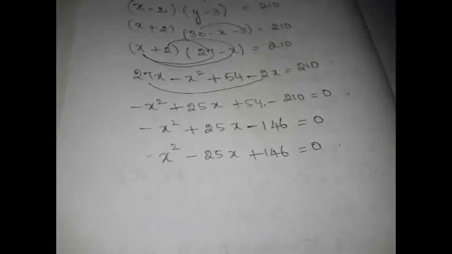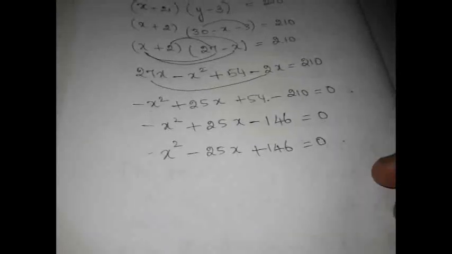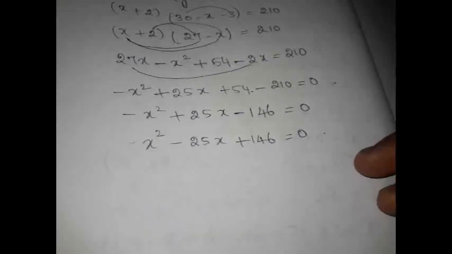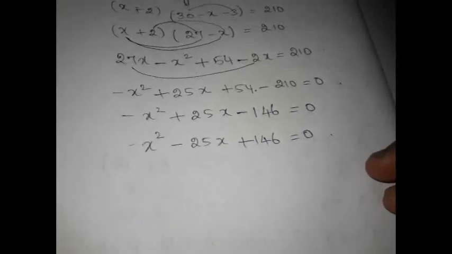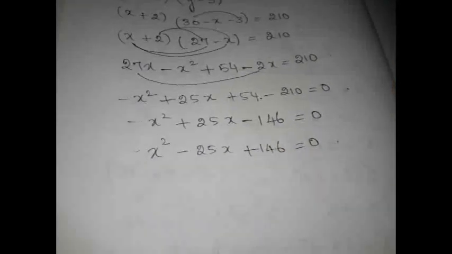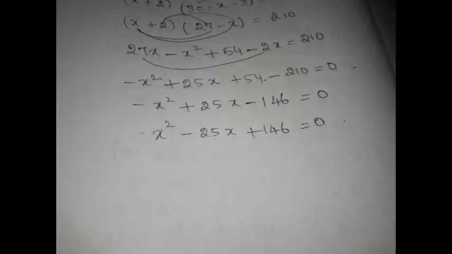If you find it difficult to get the appropriate values for x by the factorization method, you can go with the quadratic formula, minus b plus or minus square root of b square minus 4ac divided by 2a. Using that method, you can easily get the answer. If you find it difficult to find the two split ups, you can go with the quadratic formula.